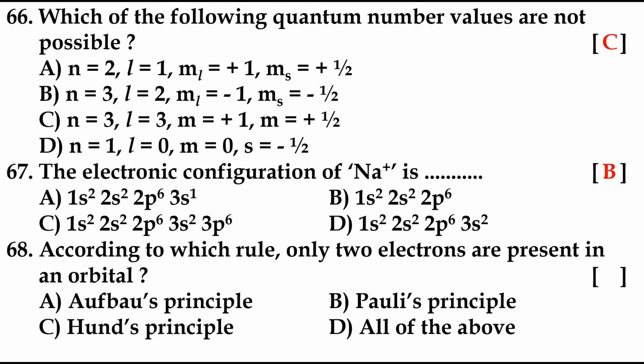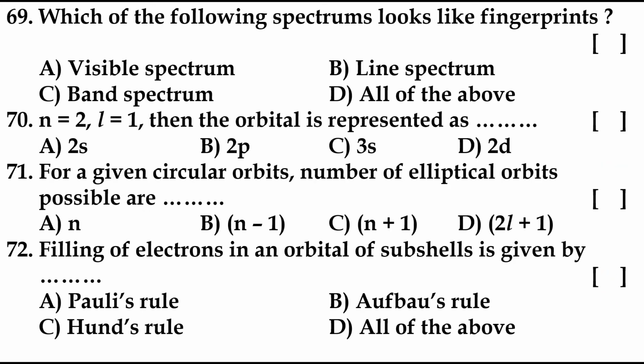Answer is option B. 1s2, 2s2, 2p6. 68. According to which rule only 2 electrons are present in an orbital? A. Hopper principle. B. Pauli's principle. C. Hund's rule. D. All of the above. Answer is option B. Pauli's principle.